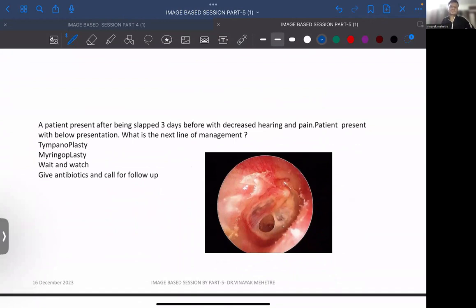Try to answer this question. This question has been asked at least 2 times. A patient presented 3 days after being slapped, with decreased hearing and pain. Take your time and try to answer.